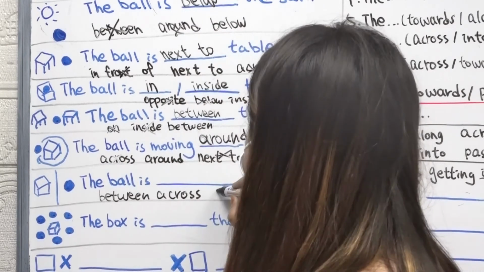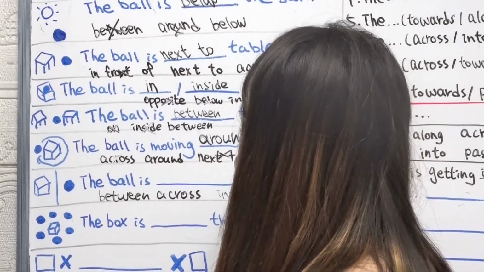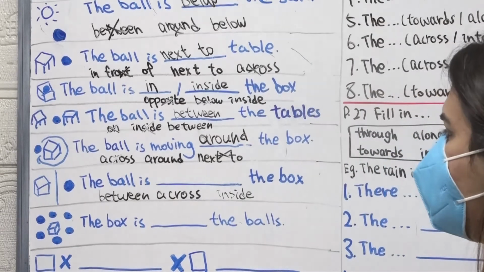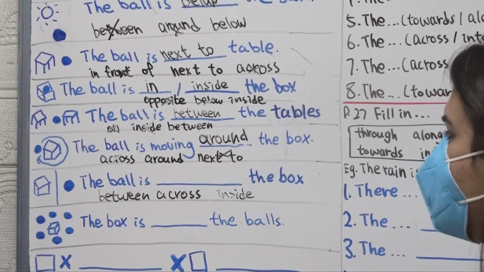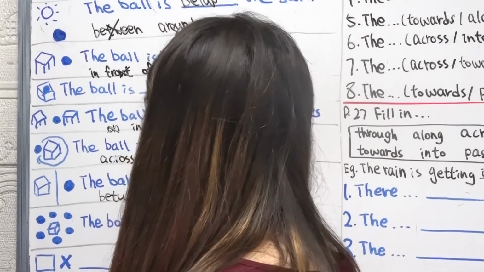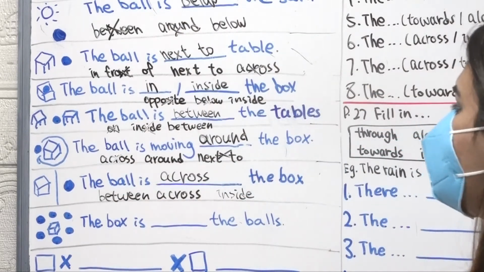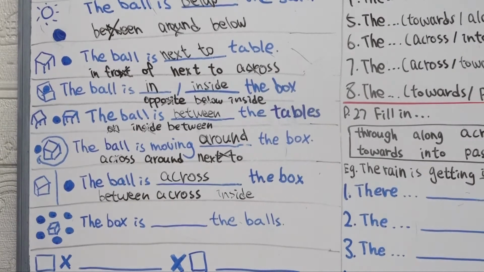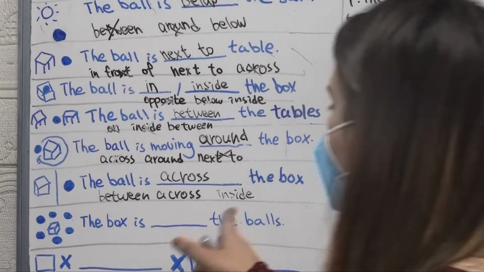Or is it inside? What do you think it is? Basically, it is across. Yes, across is the correct preposition. The ball is across the box, all right? To one side, from one side to another, all right? Across.